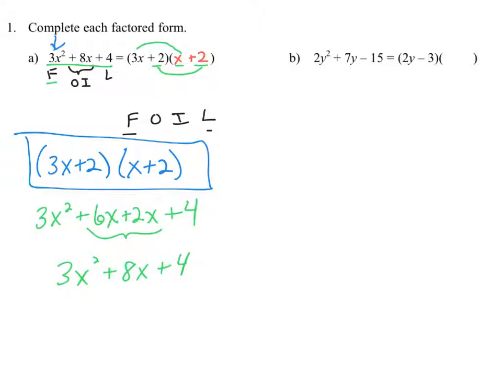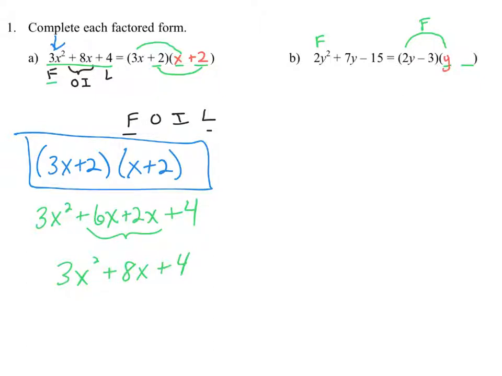For example B, we have 2y squared plus 7y minus 15, and one of the factors, 2y minus 3, is given. We've got to find the other factor. So I know the first is found by multiplying the first term of 2y times the first term here, and that's going to give us the 2y squared. So we're going to have to multiply that by y in order to get the 2y squared.